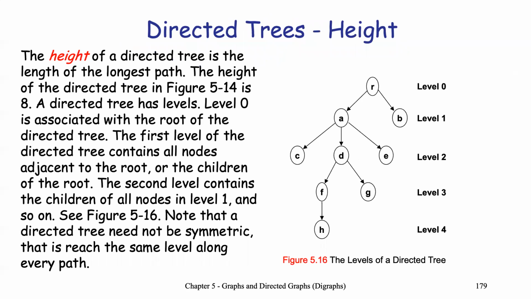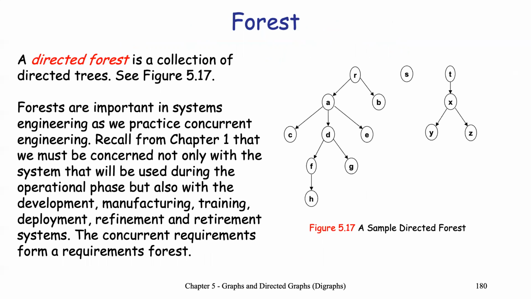The height of a directed tree is the length of the longest path. Here we can see that we can go from level 0 to level 4 for this type of tree structure. A directed forest is a collection of directed trees. Forests are important in systems engineering as we practice concurrent engineering.